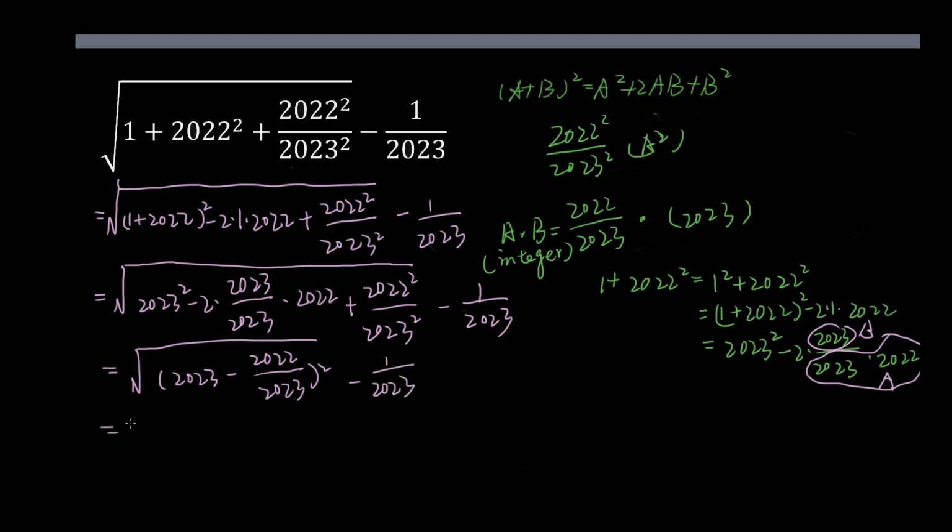That is 2023 minus 2022 over 2023 minus 1 over 2023. This is 1, so 2023 minus 1 is 2022. This is the final answer.